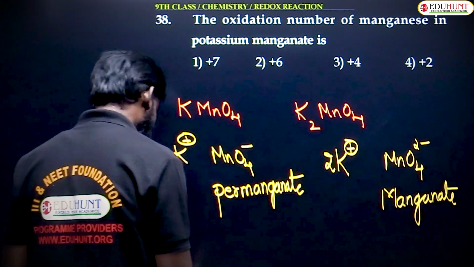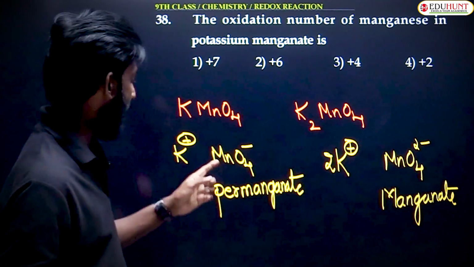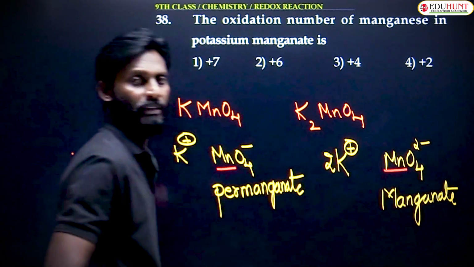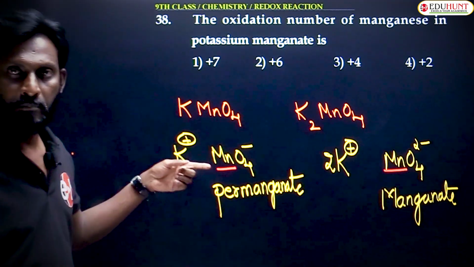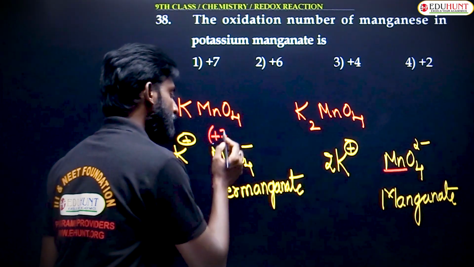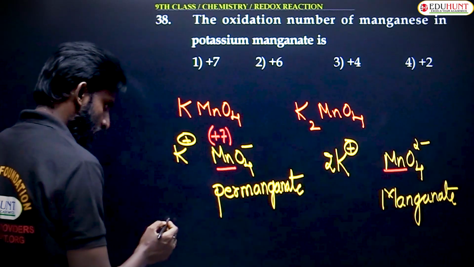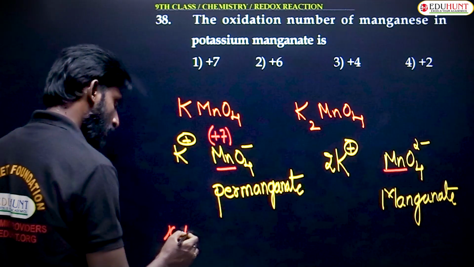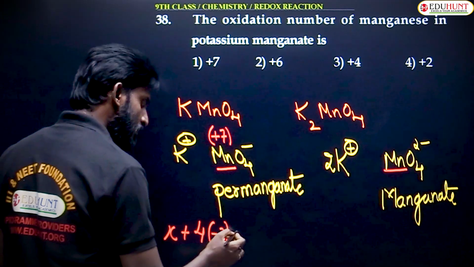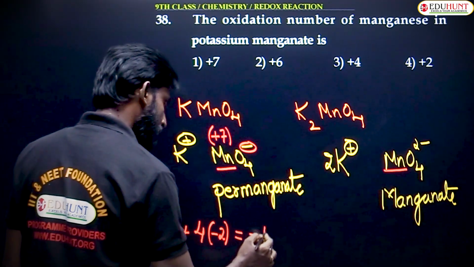Now what we need is the oxidation state of manganese in manganate and permanganate. We did this so many times. In permanganate ion, the oxidation state comes out to be +7. Try to calculate. Let the oxidation state of manganese be X, plus 4 into each oxygen 2 negative, equal to the charge present on the species, -1.